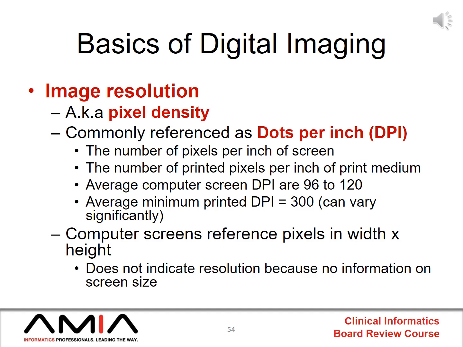Computer monitors will frequently give you options on the image resolution, and generally speaking, higher is better, but you need to determine the dimensions of the overall screen when making those determinations, because referencing pixels in width by height does not really indicate resolution because there's no information on the actual screen size.